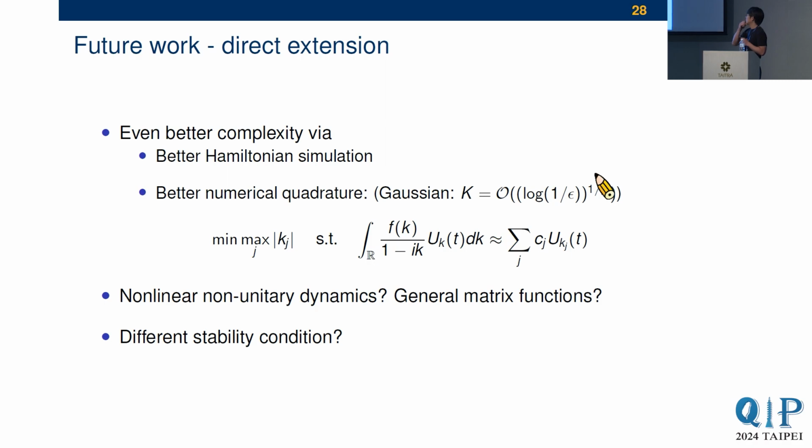We're not quite sure, but definitely better time-dependent Hamiltonian simulation and better numerical quadrature techniques could possibly allow us to further reduce the complexity with respect to the polylogarithmic factor. Whether this will lead to other nonlinear, non-unitary dynamics, or general matrix functions, we don't know.